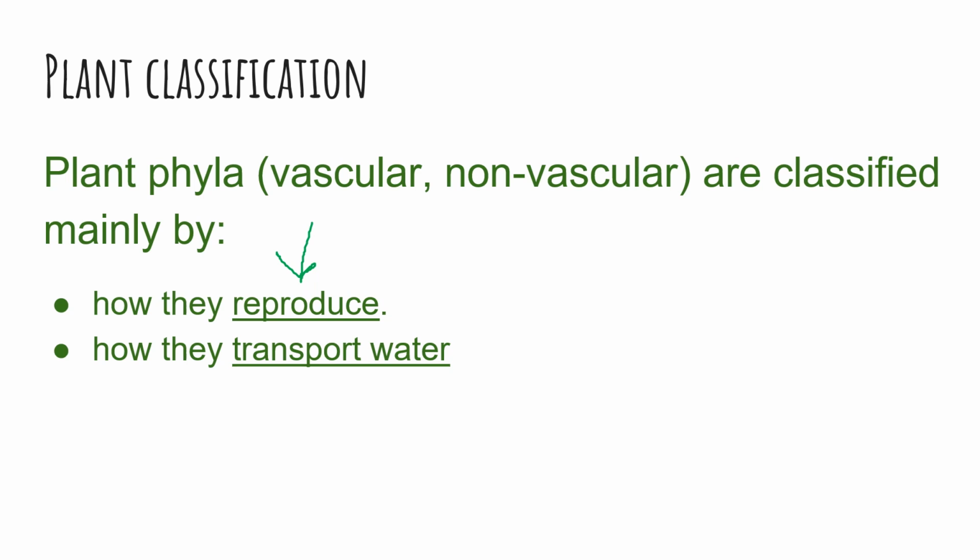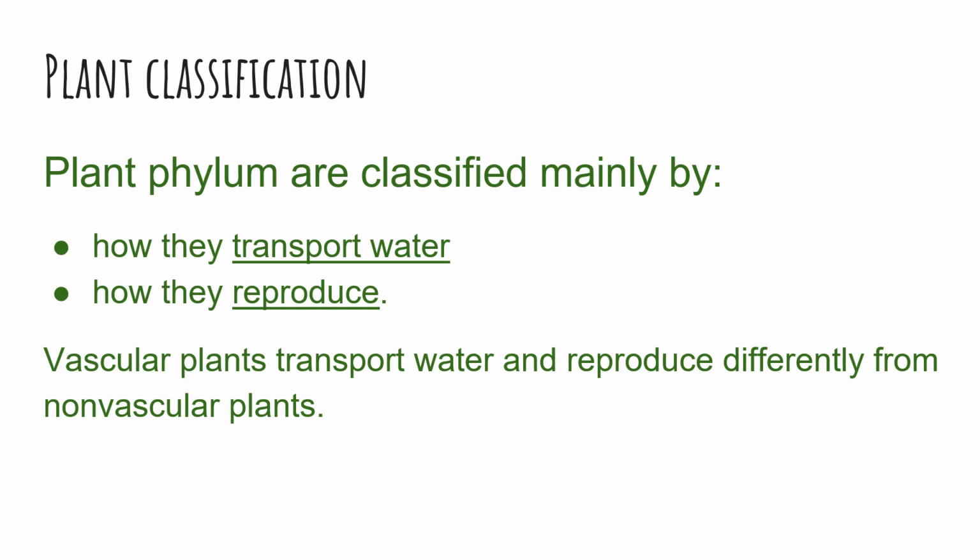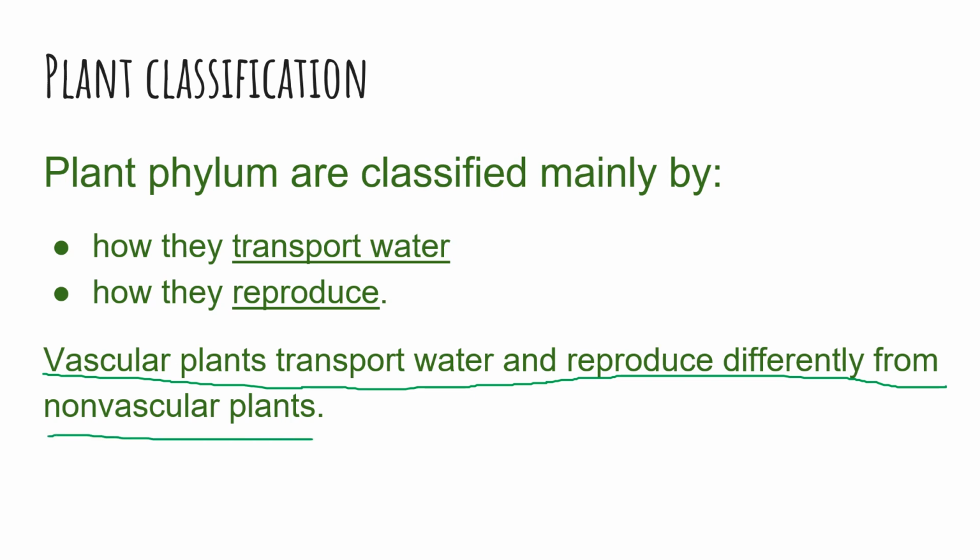But how they reproduce, and then how they transport water, whether they have those tubes to transport or not. The big deal: vascular plants transport water and reproduce differently from non-vascular plants. The first thing you look at to figure out whether a plant is vascular or non-vascular is, does it have veins? Second thing you look at is how they reproduce.